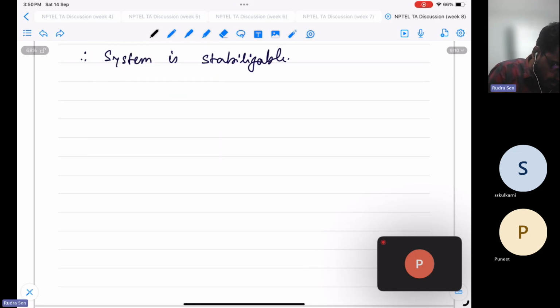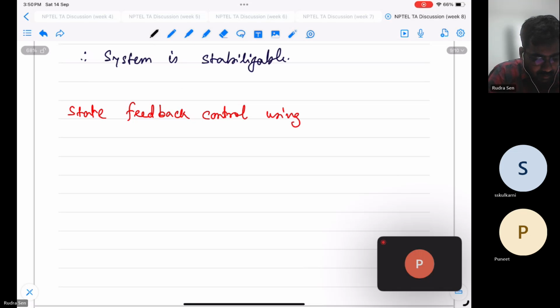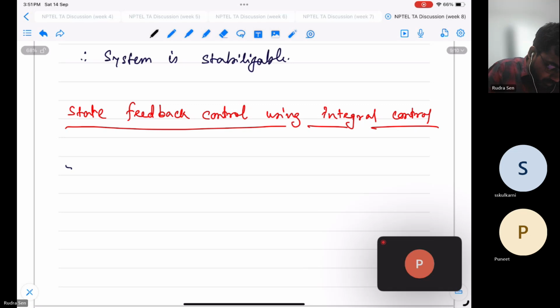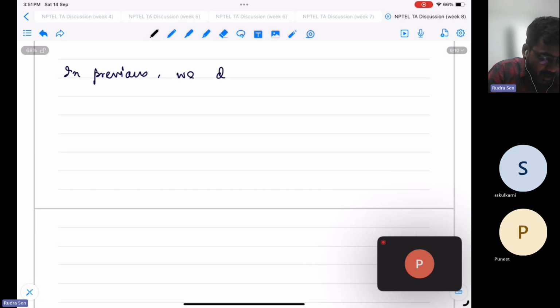So that means in the previous design, we design u equals to minus kx plus mr. So here we design k and m.